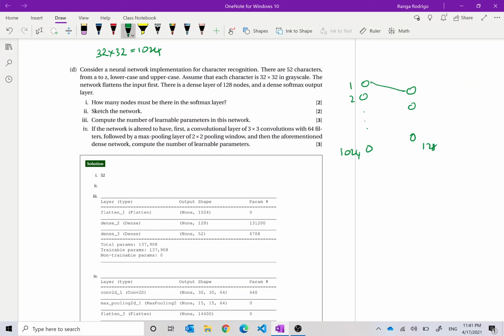This is dense, so each one is connected to each one of them. And then softmax with 52 nodes because there are 52 characters. That's the sketch you are required to draw.